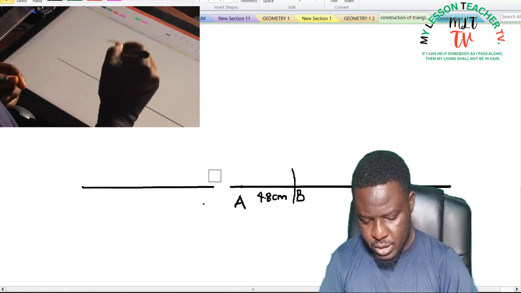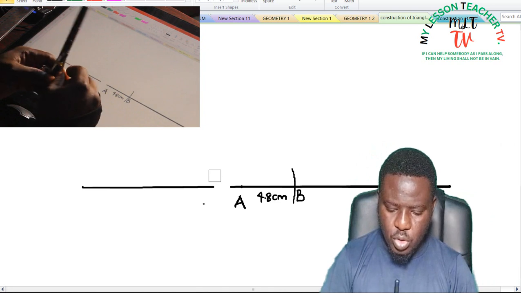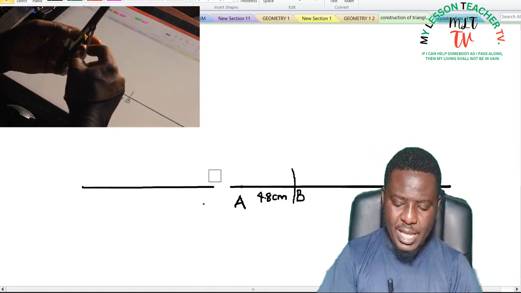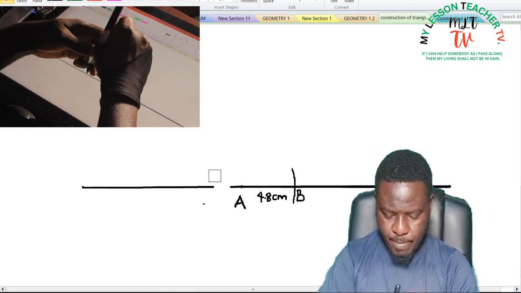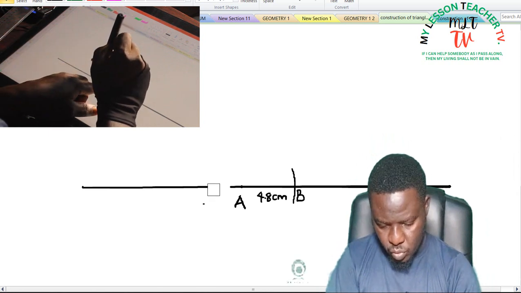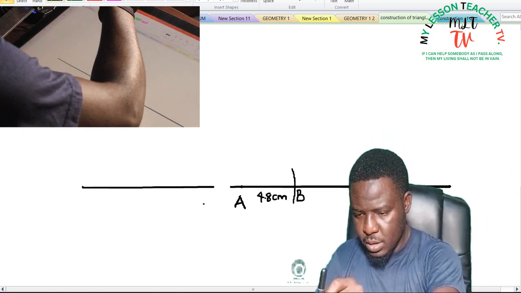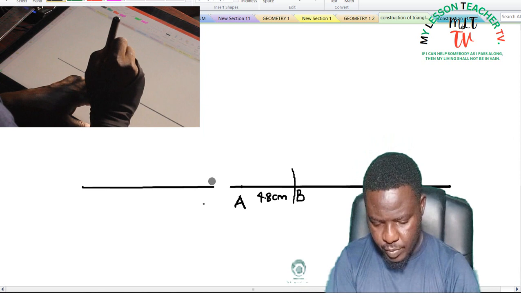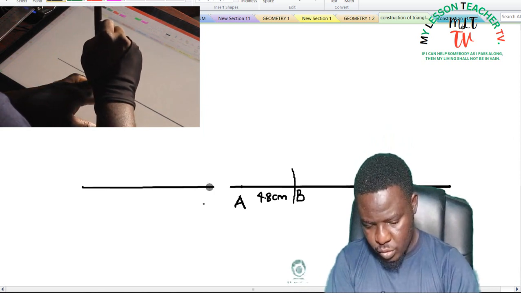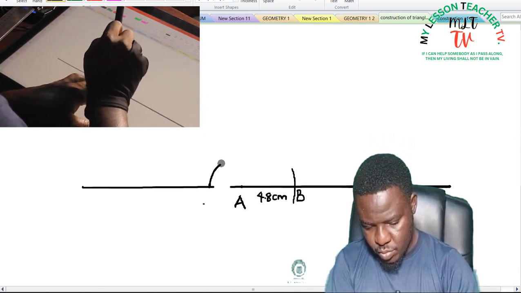For you to construct this semicircle, you can take any radius of your choice. So with this, I'll construct a semicircle.